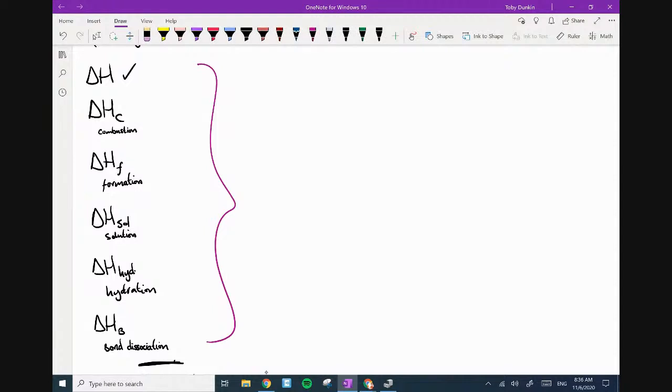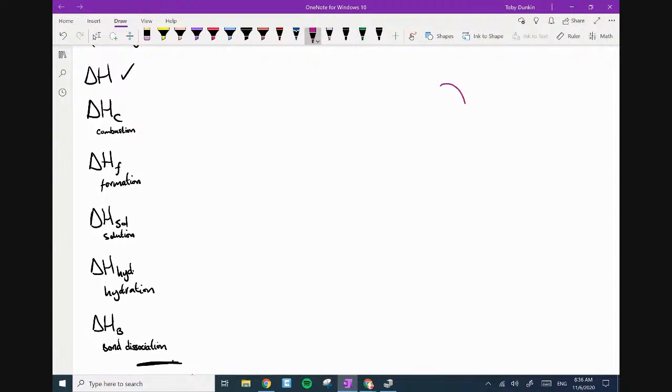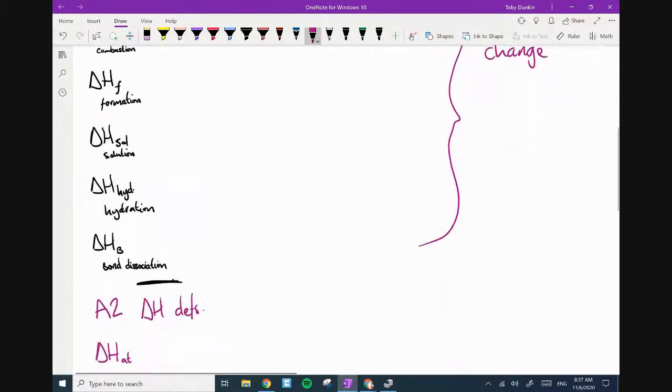I'll put the frame over here. So the enthalpy, or I don't like the word enthalpy in a definition for enthalpy. I prefer to use heat energy. It has better understanding for me. The heat energy change when, enthalpy of neutralization.